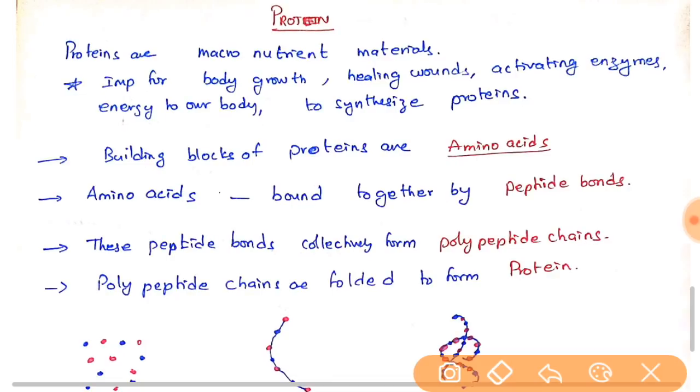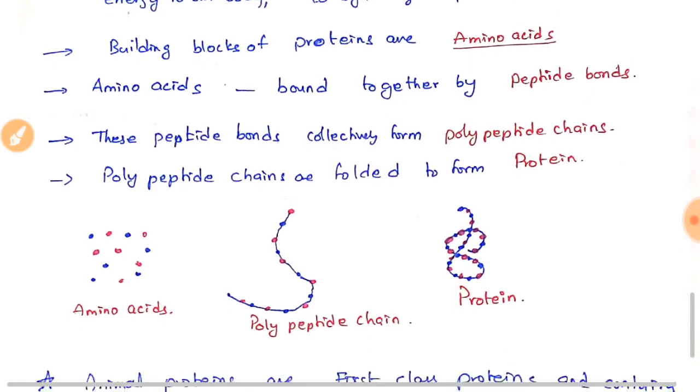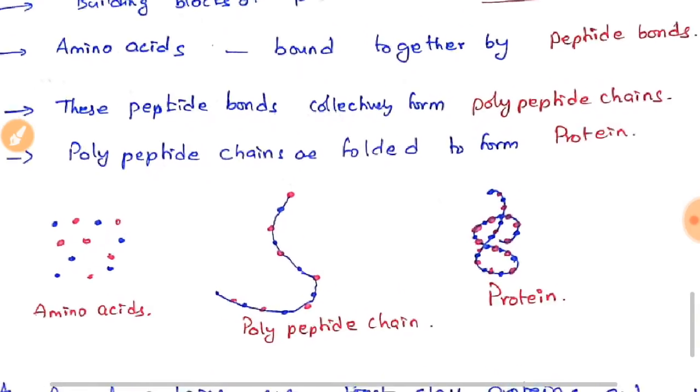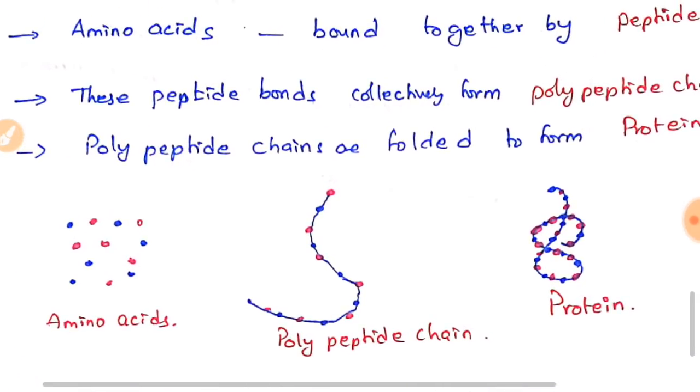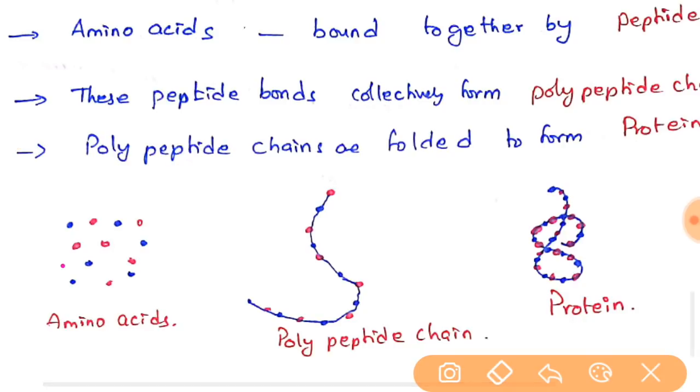So what are the building blocks of proteins? Proteins are made up of amino acids. If you see this diagram, then we will be clear, friends. These are amino acids. These amino acids bind together to form peptide chains.